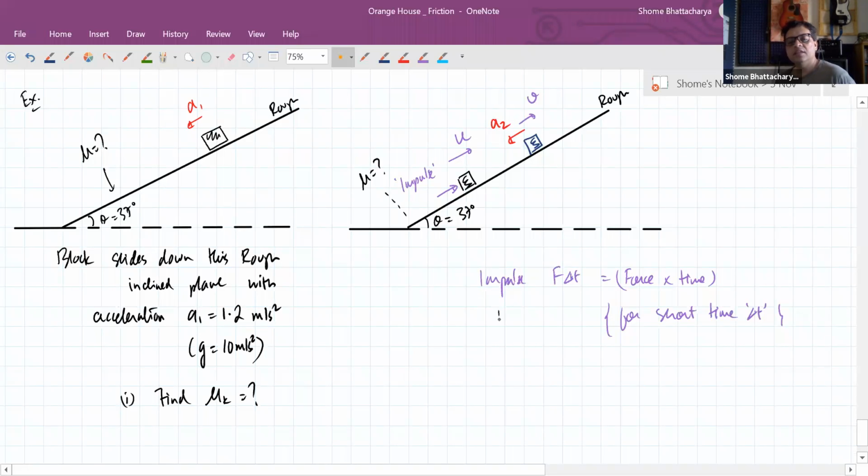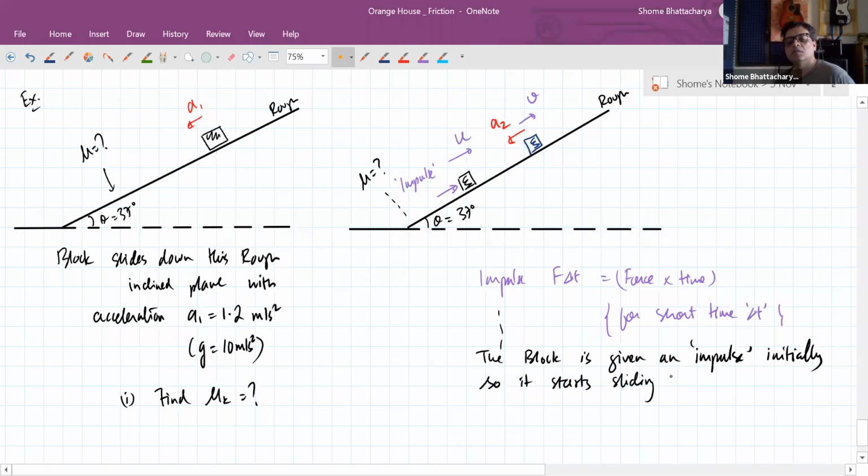Okay. And the second case, the block is given an impulse initially. Okay. So it starts sliding up the incline with initial velocity u.